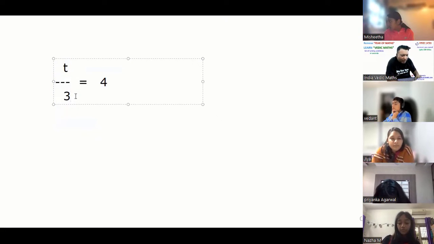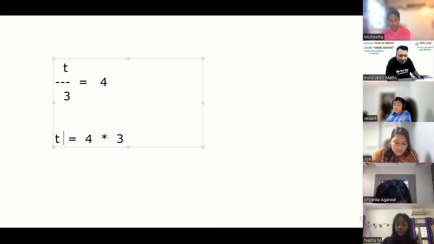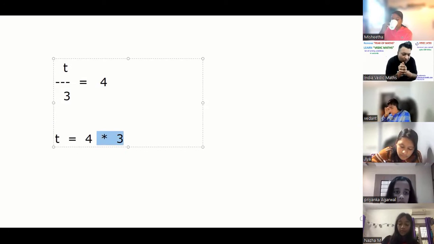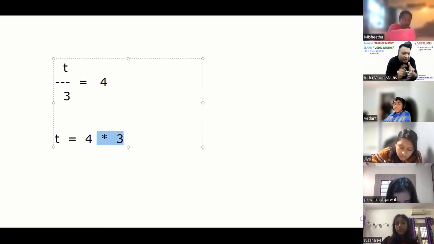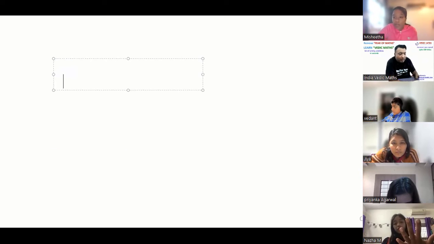Yes, sir. So if I move 3 to the right side, what will it become? 4 times 3. What we have done is, numbers which are in division become multiplication. Remember, thank you, Kanak. So I showed you addition, subtraction, multiplication and division. That's the rule. Now we'll start with the first question. Nishita will explain to all of us.